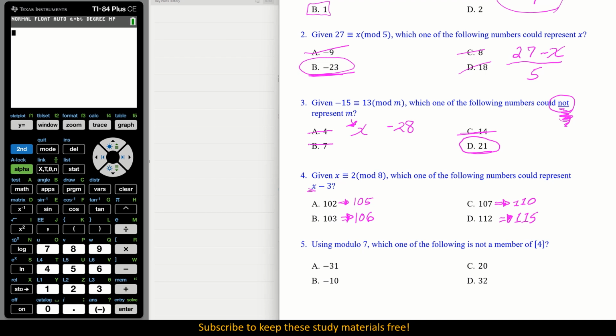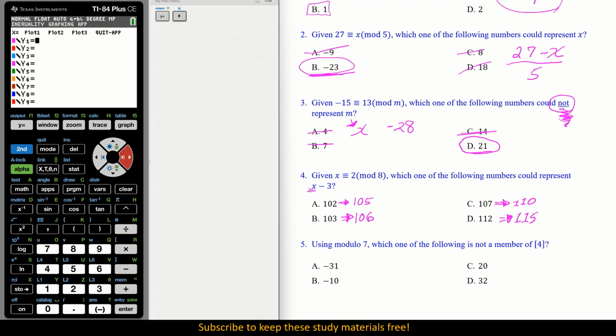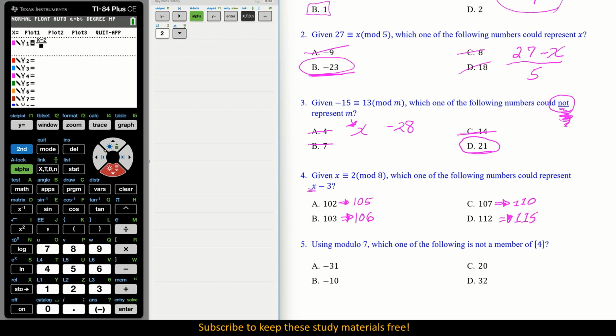Okay, so we go back to y equals. We're going to do the same thing. All right, I'm going to say alpha y equals, set up my fraction. And for this one, my fraction is x minus 2, and go down and divide all that by the 8. Okay, all right, now we go to our first window. We need 105.